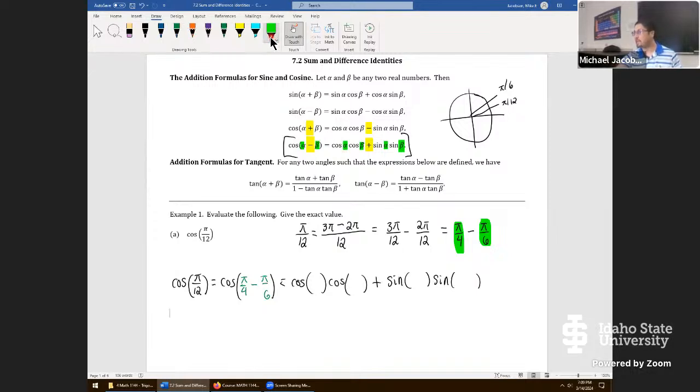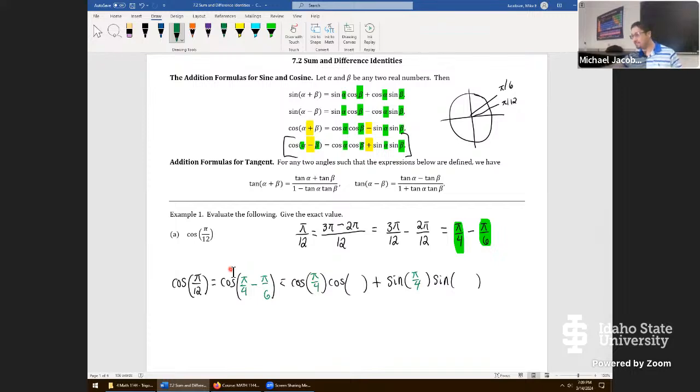Notice again, it's worth mentioning, in every one of these functions, alpha comes first and beta comes second. That's just to help us put in the right things in the right spot in a clean way. That's how our author decided to format things. So that pi over 4 you see here goes into the first placeholder for cosine and for sine in that way. Does that make sense to that step, just throwing in those values?